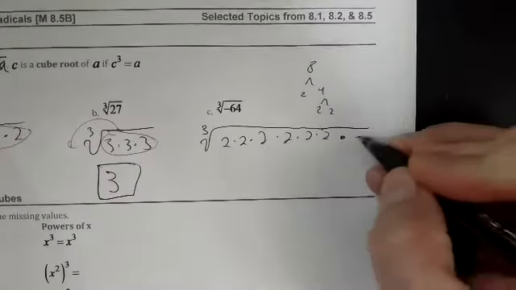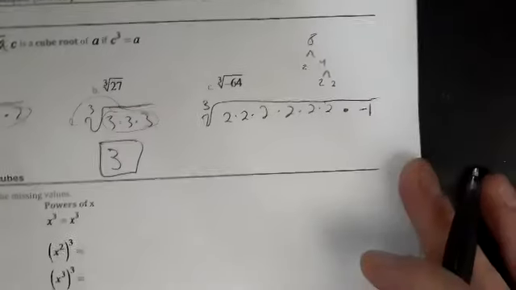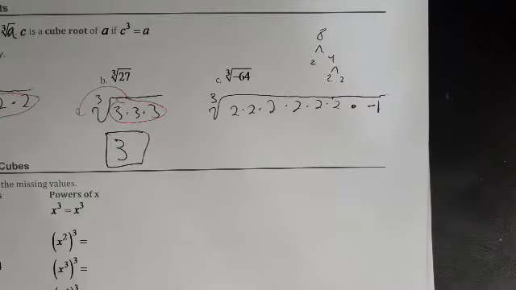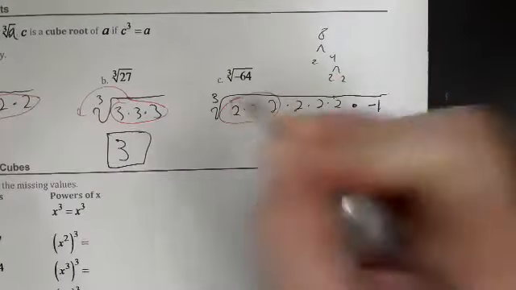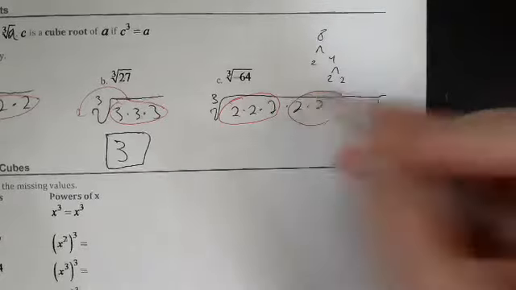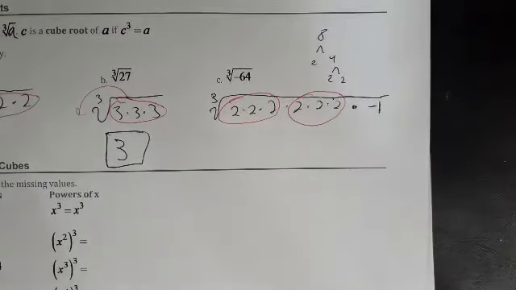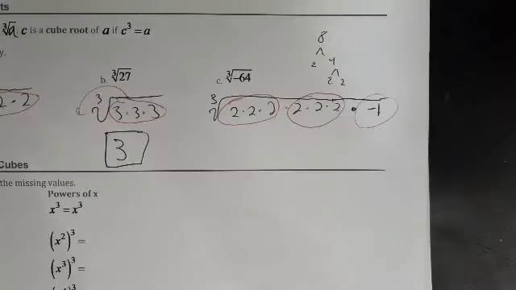So I also want to account for the negative 1. If I'm looking for groups of 3, I have a group of 2's, and then I have the negative that I have to account for.